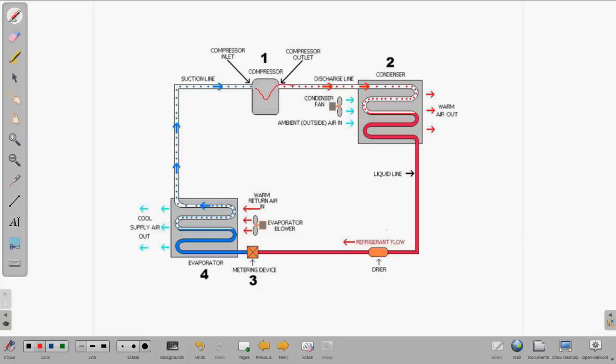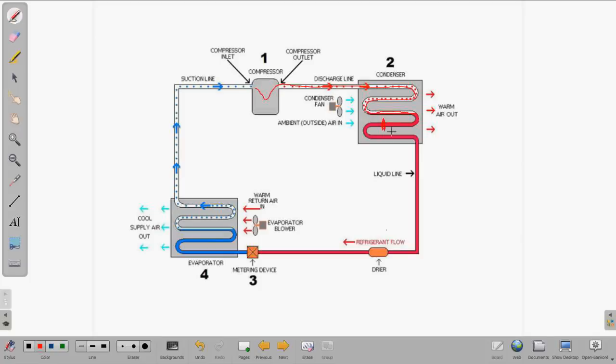Now, when these systems are designed, the coils are designed so that as the refrigerant comes down the condensing coil, it starts to back up just a little bit right here so that it ensures it has a solid column of liquid.